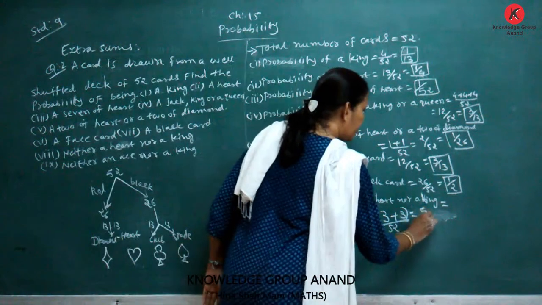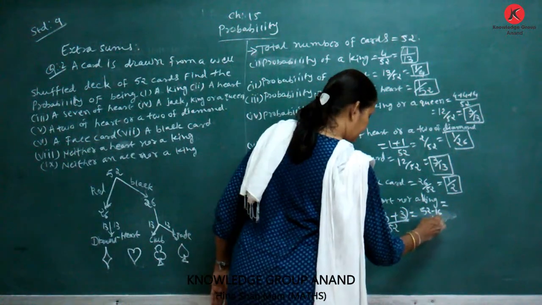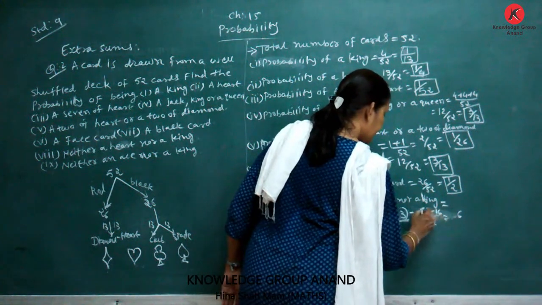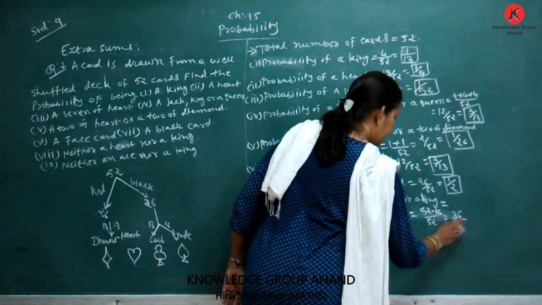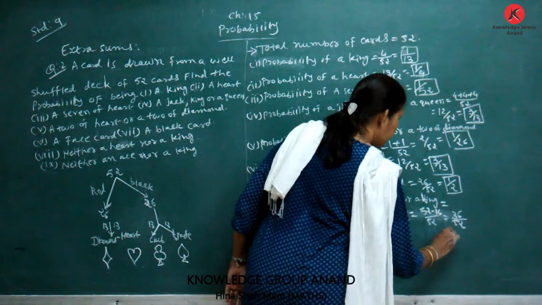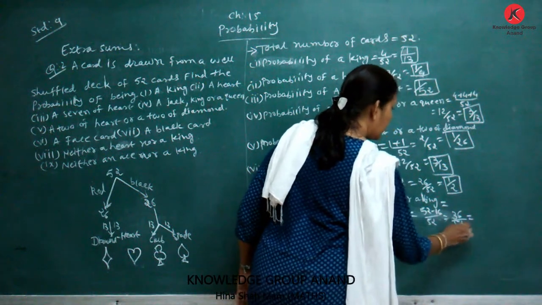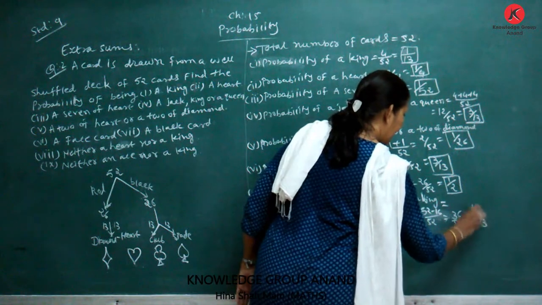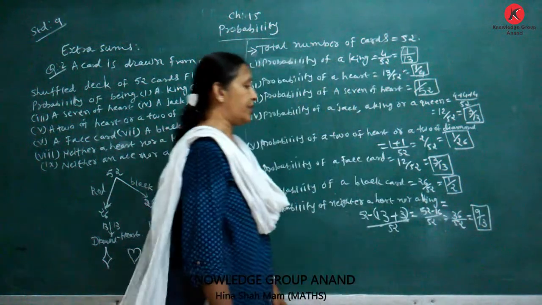Therefore 52 minus 16 is equal to 36 upon 52, which is 9 by 13.